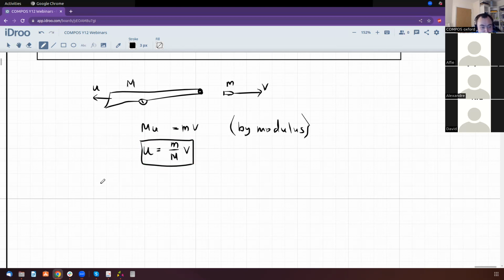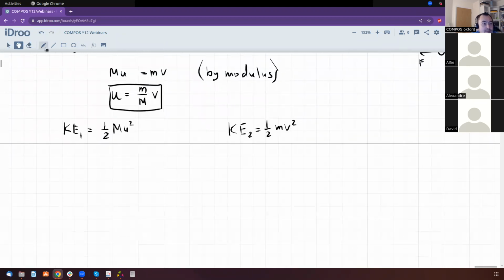Okay. Let's find the kinetic energy then. Kinetic energy 1 of the rifle is 1/2 Mu squared. And kinetic energy of the bullet is 1/2 mv squared.